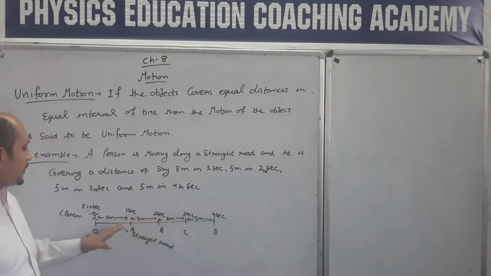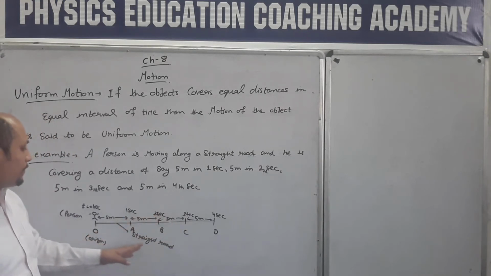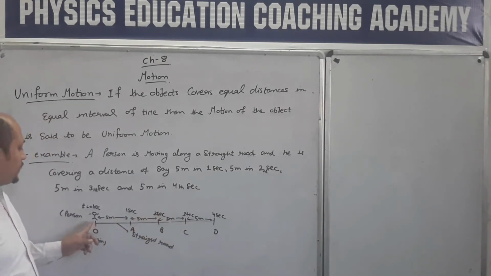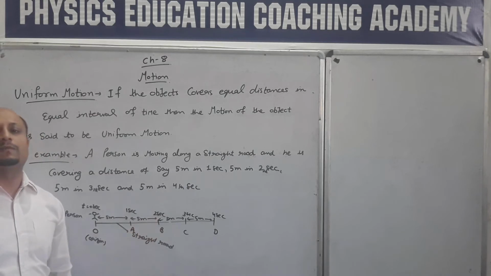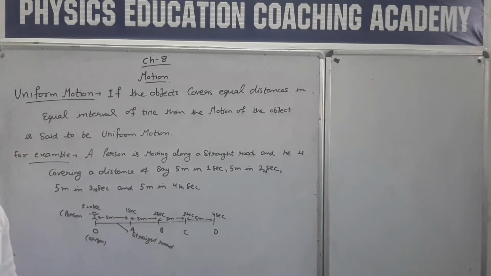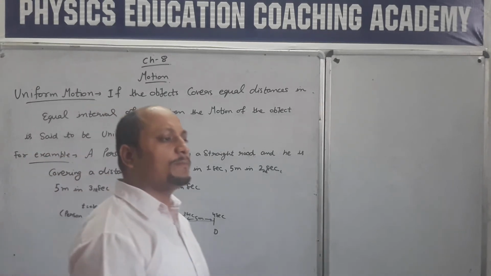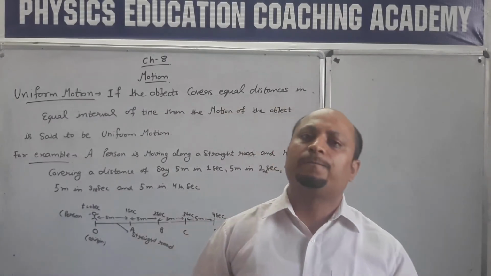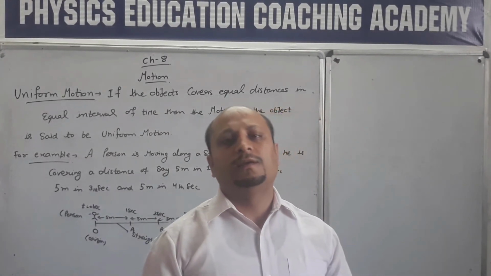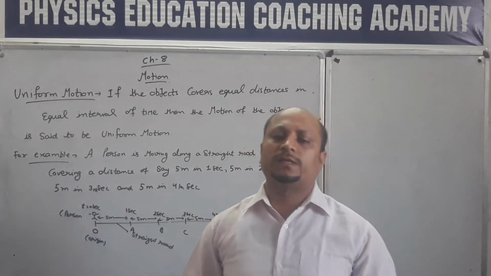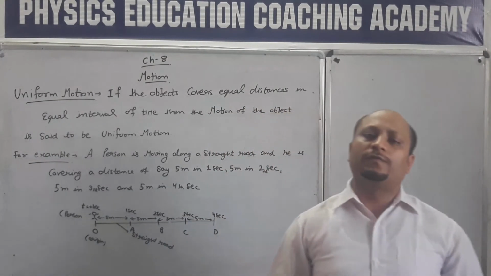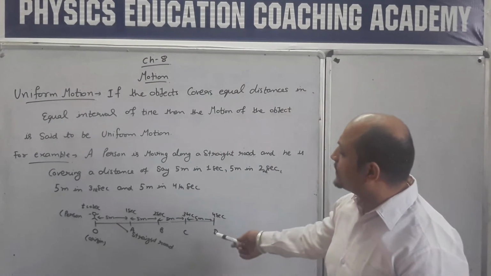So from this diagram, it will be clear to you the person is covering the same distance in equal interval of time, say 1 second. So if the person or the object covers equal distance in equal interval of time, then the motion of the object is said to be in uniform motion. तो ये उसका एग्जांपल है.